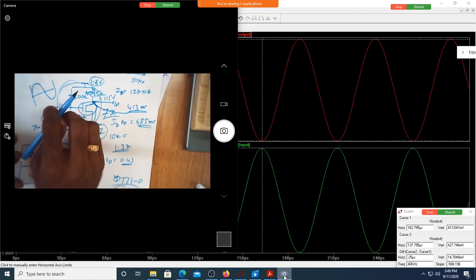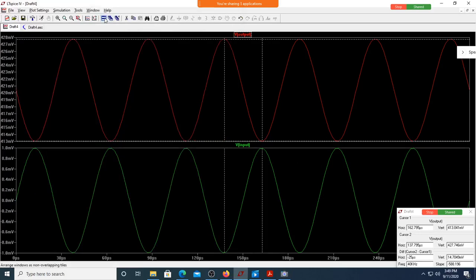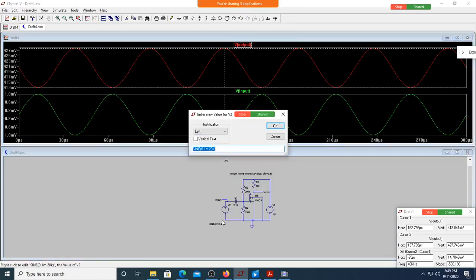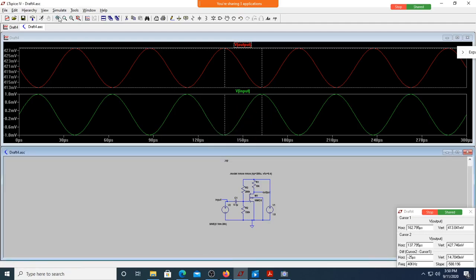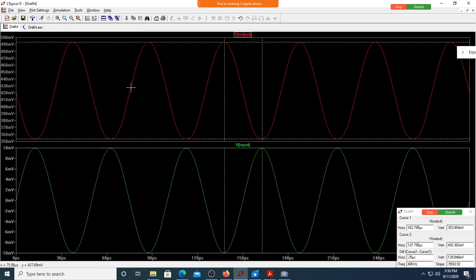Suppose I increase the amplitude to 10 millivolts. Just observe the change. If I run it, what is the bottommost amplitude? 350.